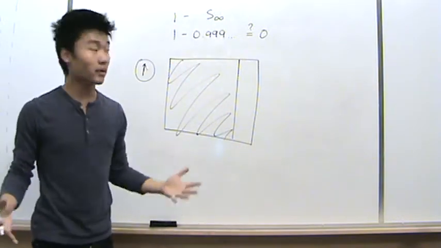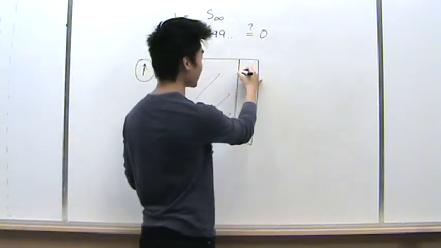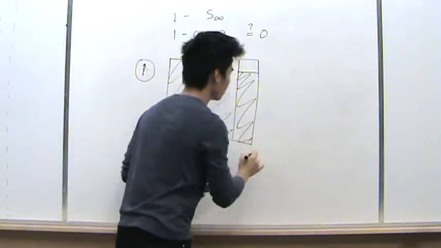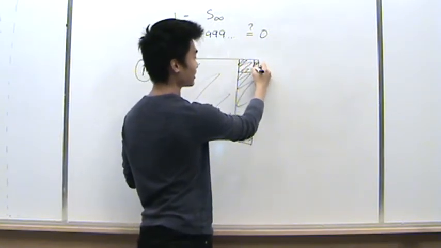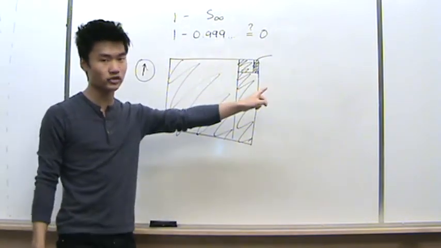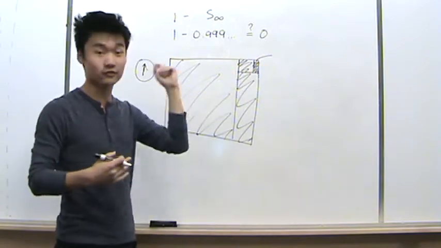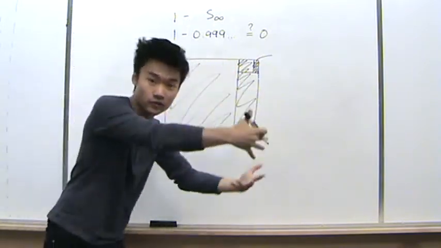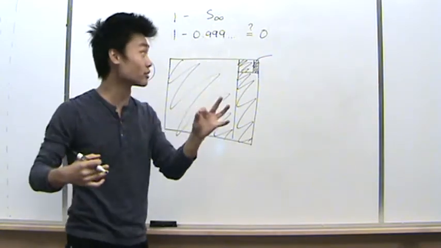Then we cut it down by a factor of 10 again. So take whatever's left and cut out 90% of that too. Then take what's left and cut out 90% of that. Then take what's left and cut out 90% of that. This remaining portion is shrinking, and it's shrinking really fast. And you can see what happens is that as we go out further and further, as we iterate further and further out, this area is shrinking down to 0.